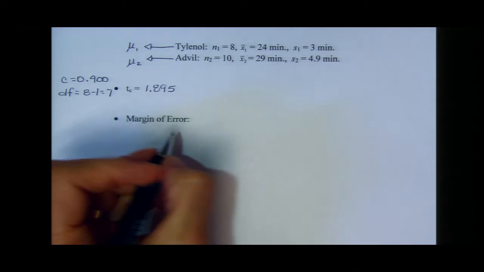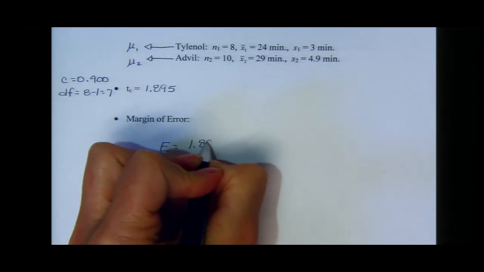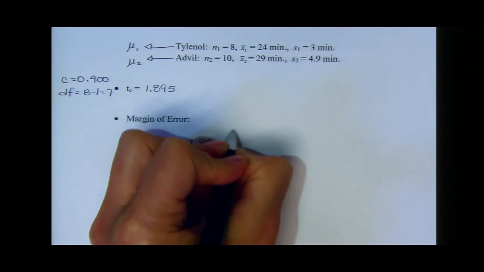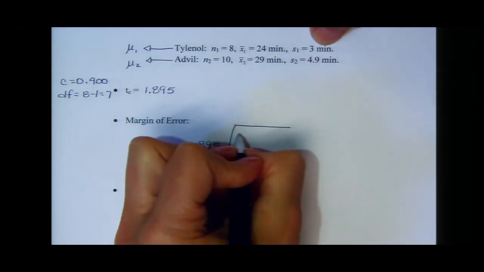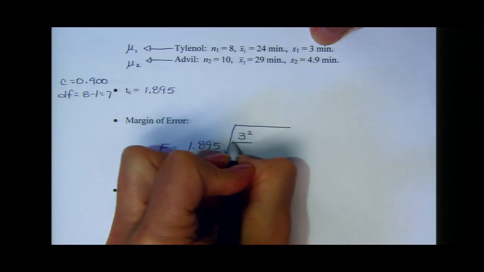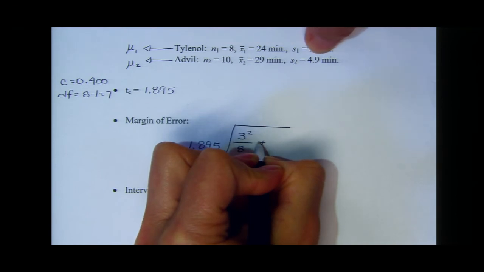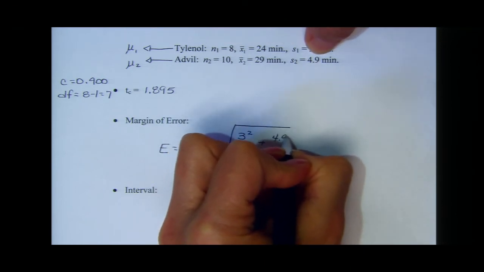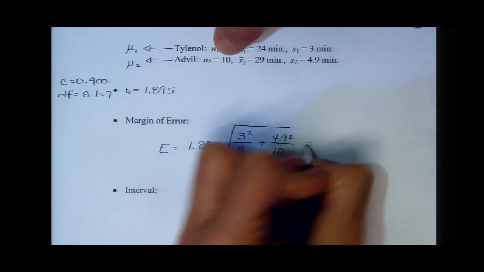To calculate my margin of error, it is 1.895 times the square root of s1 squared, so 3 squared, divided by n1, 8, plus s2 squared, 4.9 squared, divided by n2, which is 10.